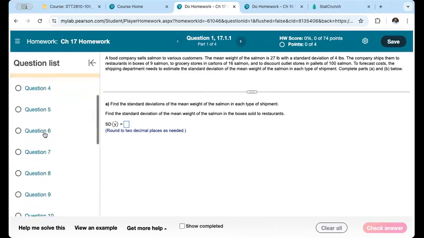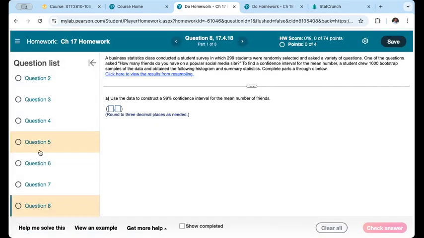So this is my chapter 17 homework. And then this is the homework problem. So to attempt chapter 17, question 8, we are told that a business statistics class conducted a survey in which 299 students were randomly selected and asked a variety of questions.